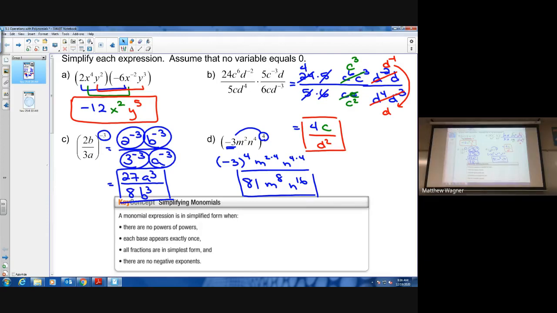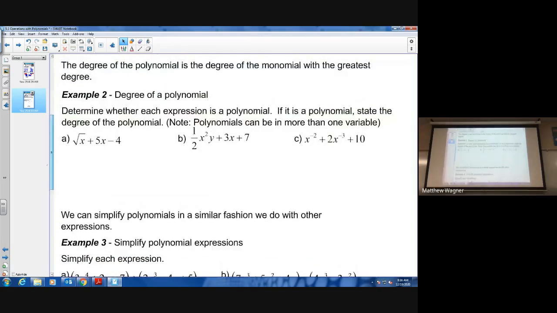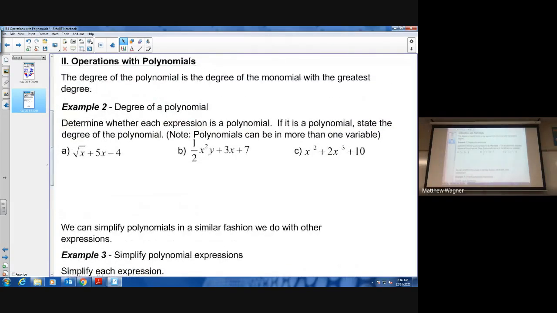All right. Continuing on, looking at operations with polynomials. First off, we want to figure out what a polynomial actually is. Well, a polynomial is basically anything that's going to be very similar to, I'm actually just going to write our quadratic form of a polynomial.